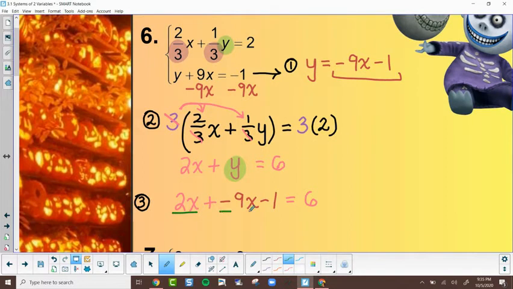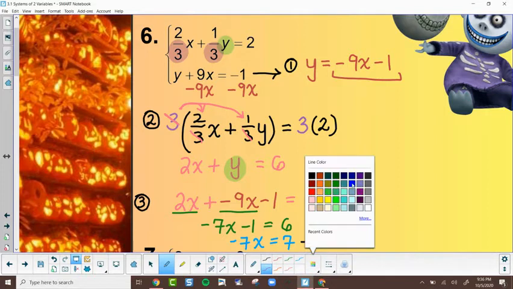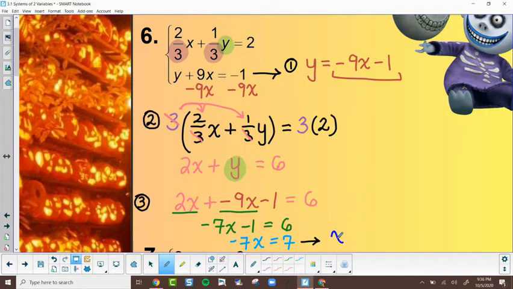So I have 2x minus 9x, so negative 7x minus 1. Oh, look how much friendlier that is. All right, I'm going to go ahead and add 1 to the other side, giving me positive 7. And it looks like I've already found one piece of my solution. That happens to be x equals negative 1.